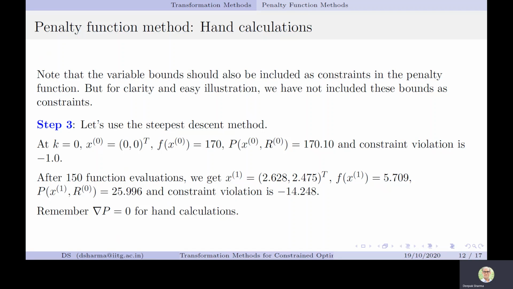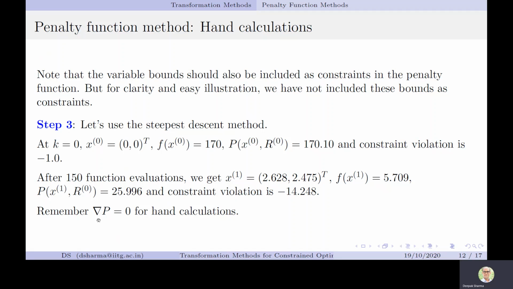Similarly, the way we have included the penalty into the objective function and getting the value of this capital P, that is also working fine. The only issue is that the constraint violation, which was -1, has increased to -14.248. Why this is happening, I will illustrate with the help of a graphical example.